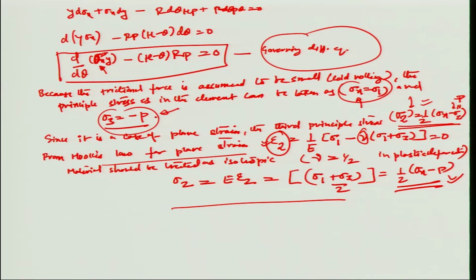So let us now apply the von Mises yield criterion to look at the condition for which plastic flow can be initiated.